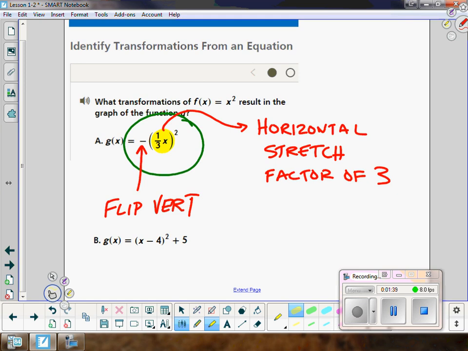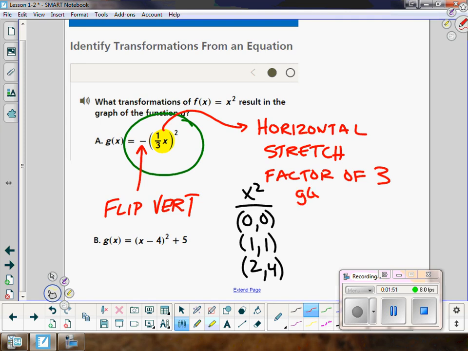So on the parent function, x squared, you would have points like 0, 0, 1, 1, 2, 4. My prediction is that on this new function called g of x, you're going to still have 0, 0. You're going to have 1, 1 is going to stretch, and that x coordinate is going to get multiplied by 3, but the y will stay the same.